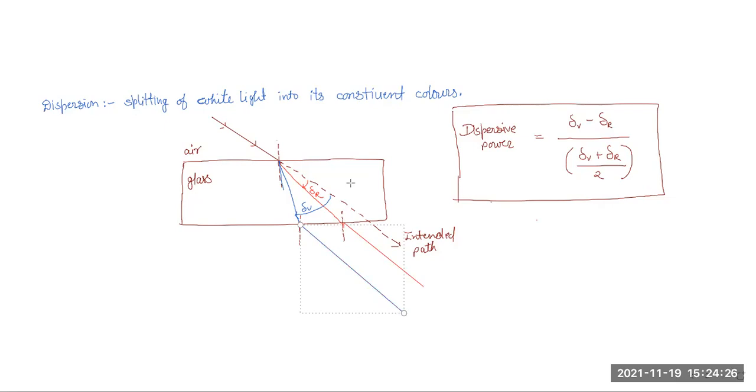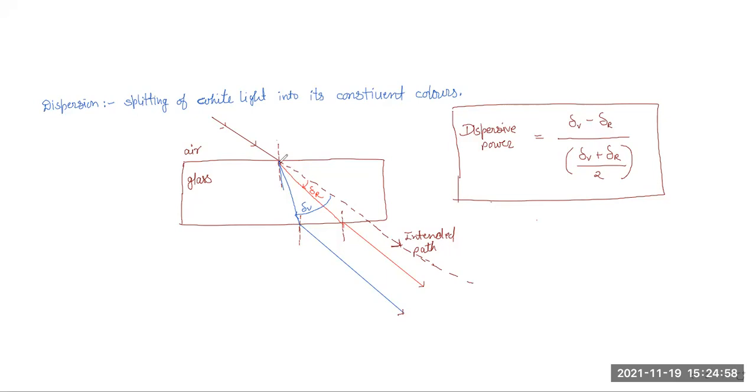One thing which is important to be noted here is that whatever the refracted rays are, after air to glass and again back glass to air, these rays are all parallel. That means if I take out the glass, the whole ray passes as a single line and comes out like this in the intended path. But since we have put up a glass, dispersion has happened.